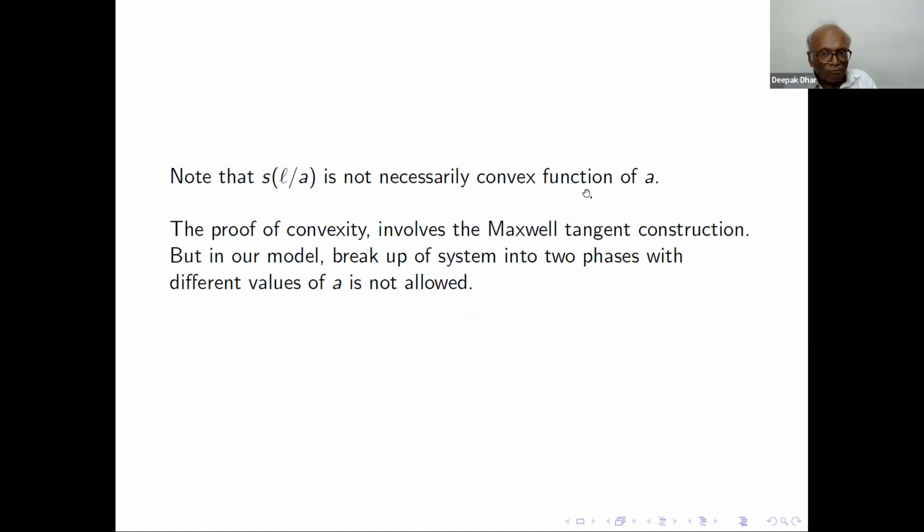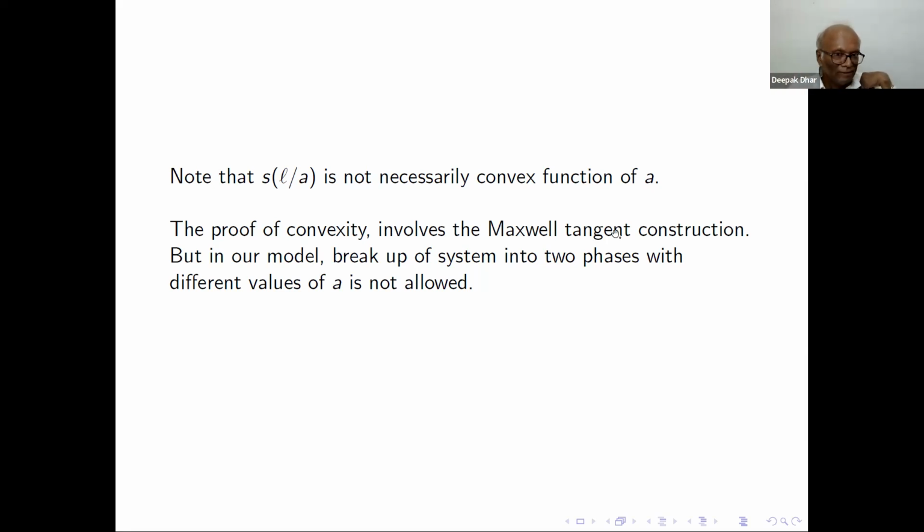This doesn't have to be a convex function of A, because A is the lattice constant, and the whole lattice is either expanded or contracted together. You cannot do it such that in one part there is one A, in another part there is another A. If you go back and look at the proof of convexity, it involves this Maxwell tangent construction, which involves saying that in one part there is density ρ1, in another part there is density ρ2, then you can get any intermediate density.